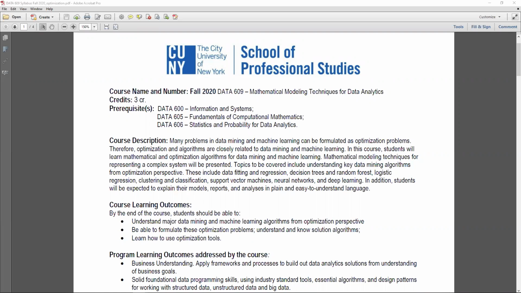So before we start, I really want to give you a flavor of what the course is about and then give you an overview of the course syllabus. First of all, you should be aware that there are three prerequisites for this course. They are Data 600, Information Systems, Data 605, Fundamentals of Computational Mathematics, and Data 606, Statistics and Probability for Data Analytics.